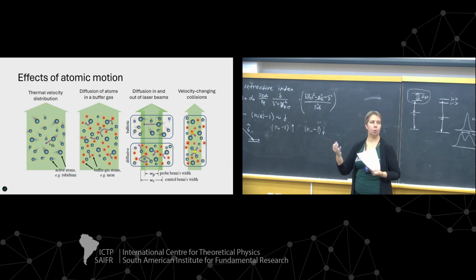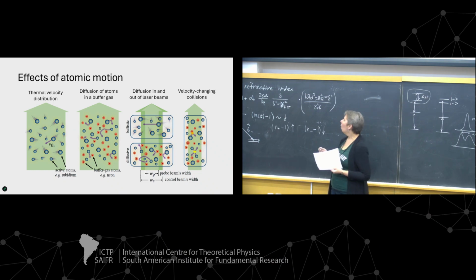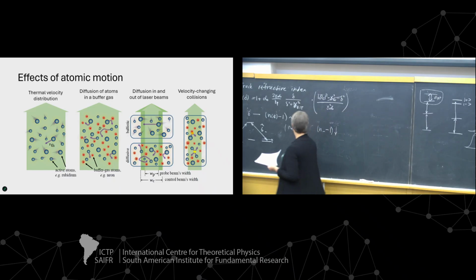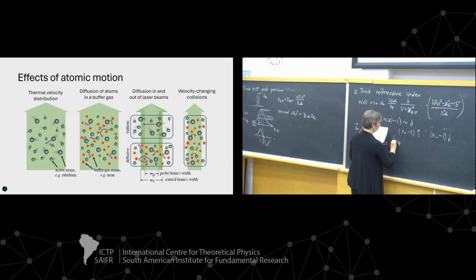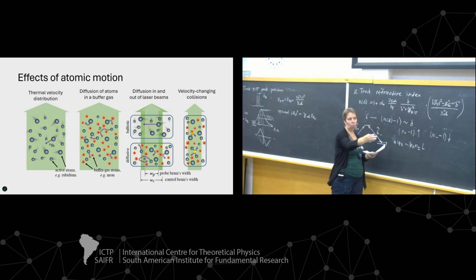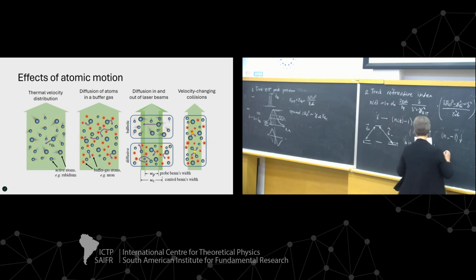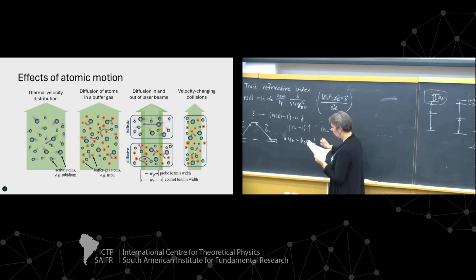So if we have these two fields propagating through the ensemble, in principle, we can be pretty close to the top of the EIT resonance. As they go, they acquire a phase, which will be Kp n plus minus times the length of our ensemble. And if we put all this together, we will find that it is equal to 2 pi L over lambda p.